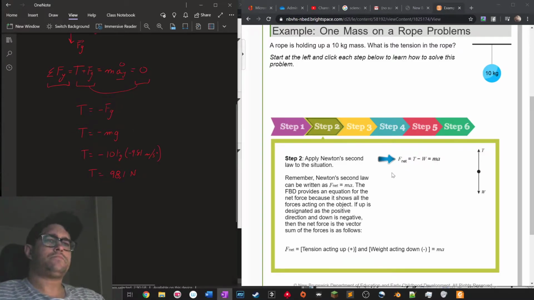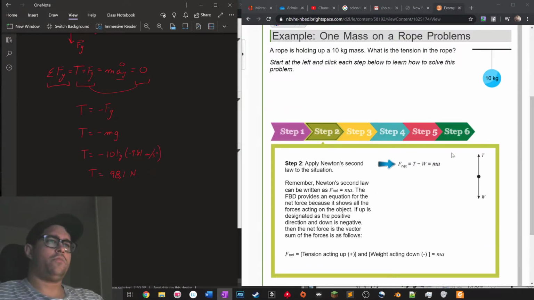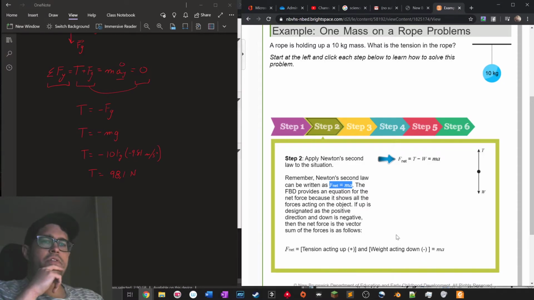We might run into some problems when it comes to testing. So F net is equal to ma. That's the real Newton's law. The net force is equal to the acceleration on that mass.